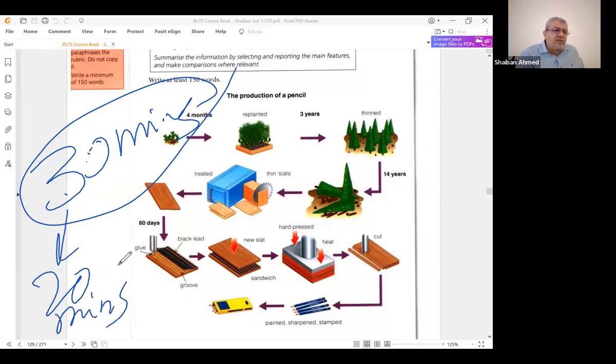Next week, inshallah, we have to reach that 20 minutes time slot because it's a mechanical thing. We don't need to think. So this is a process. Yes, make select, make comparisons, show developments. Okay, and that's it. End of the story.